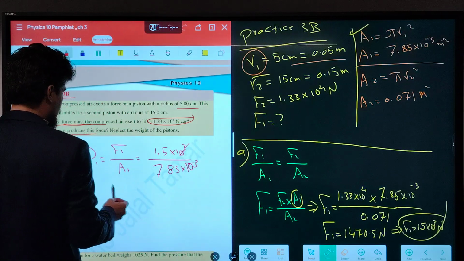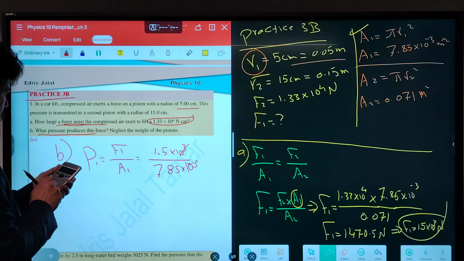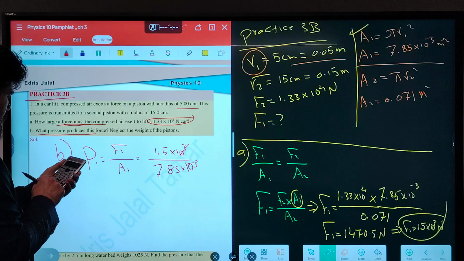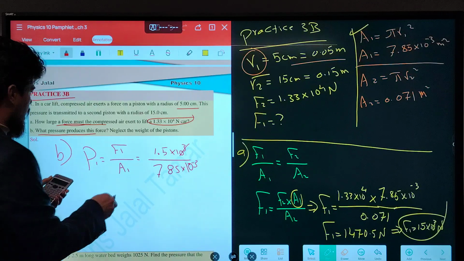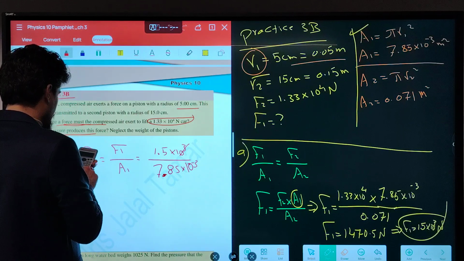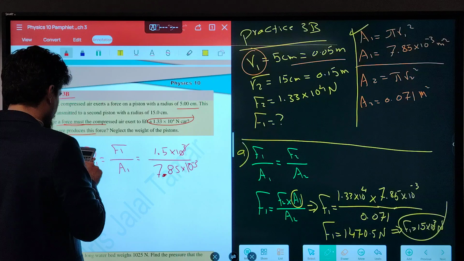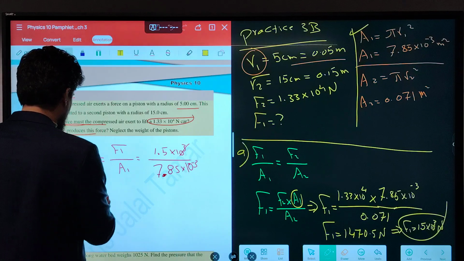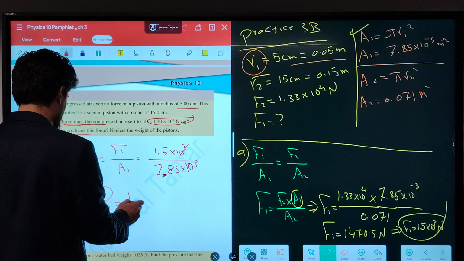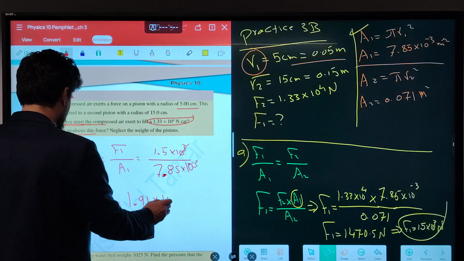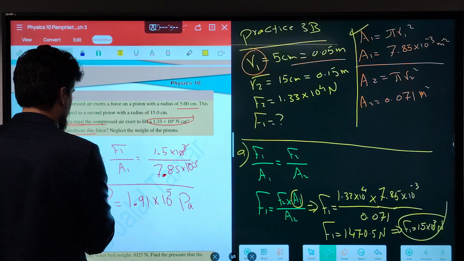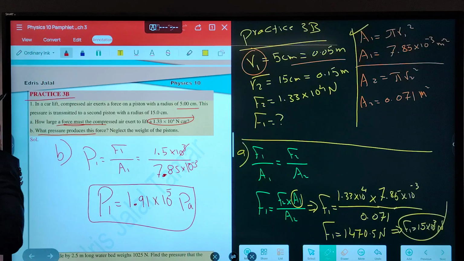It's going to be 1.5 times 10 power 3 divided by 7.85 times 10 power negative 3. P1 is equal to 1.91 times 10 power 5 Pascal. This is P1, okay?